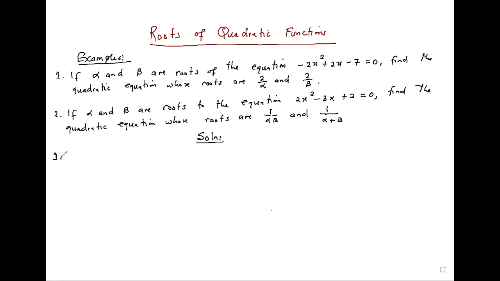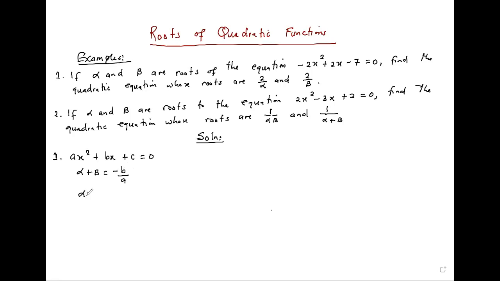Well, one thing we must know is ax squared plus bx plus c is equal to 0. This is a general quadratic equation. And we know that if the roots of this quadratic are alpha and beta, the sum of those two roots is going to be -b over a.